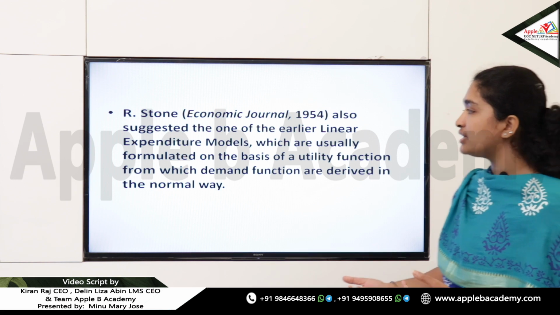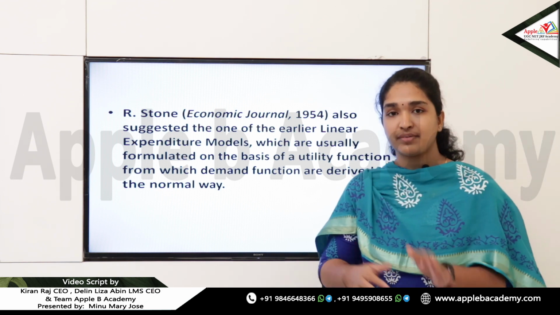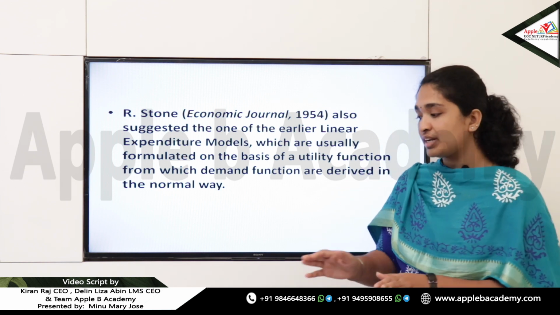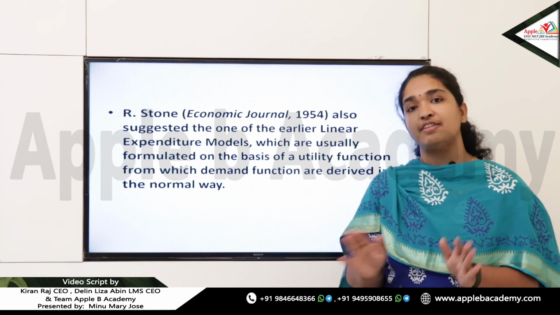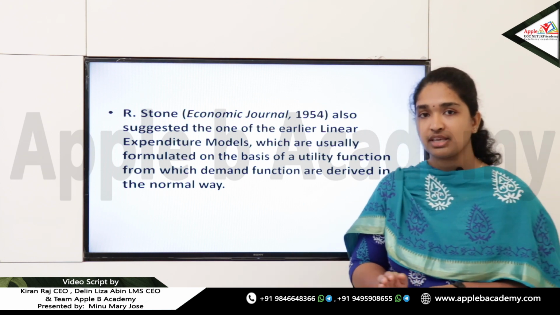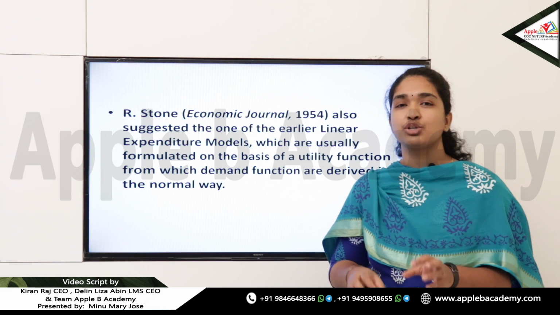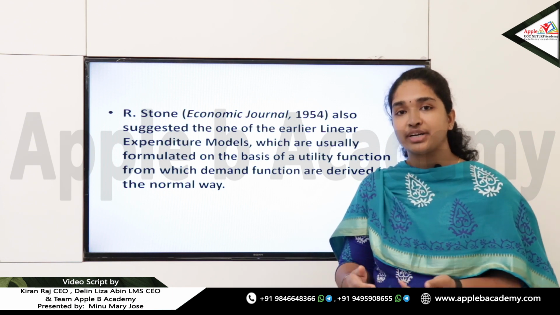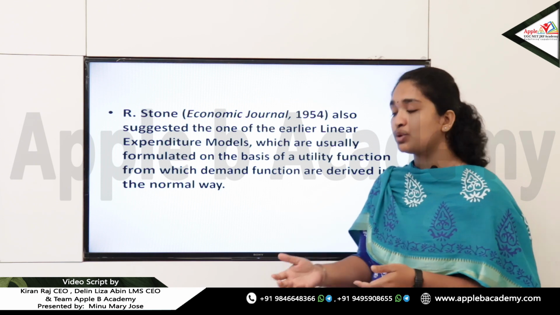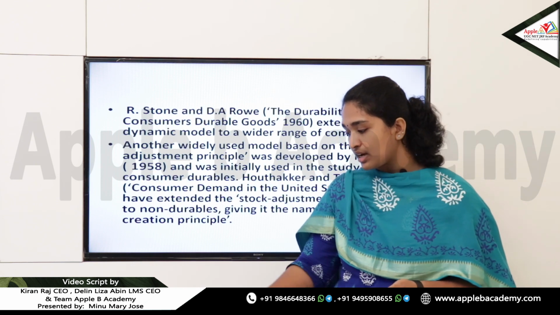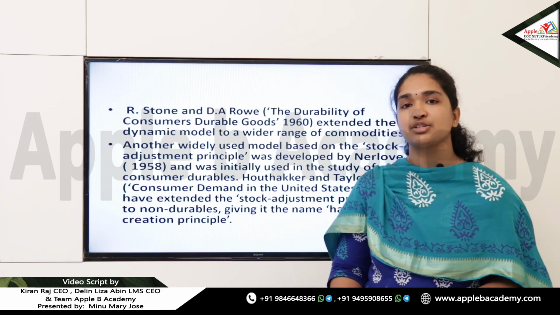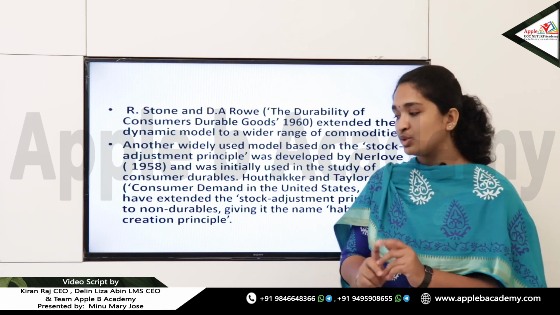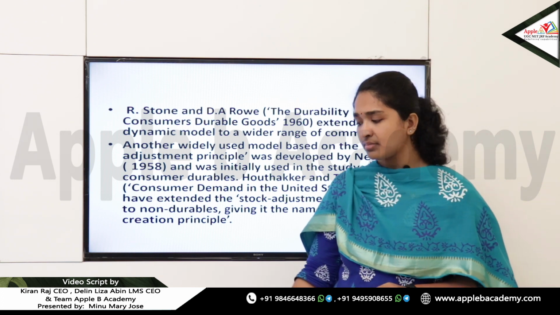So this is another linear expenditure model put forward by Richard Stone in 1954, again after Samuelson's revealed preference theory. This is exactly the chronological order in which the consumer demand theory developed over time, and the last one to come up was Houthakker's habit creation principle in 1966. So this was the last question.